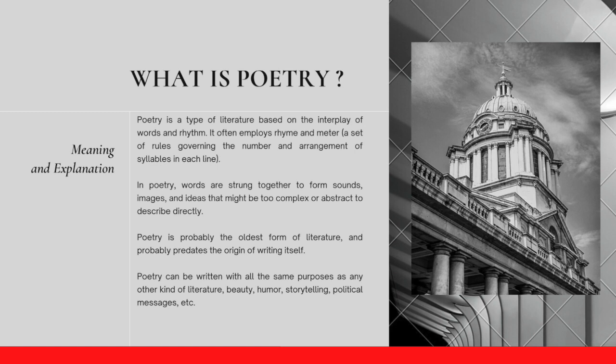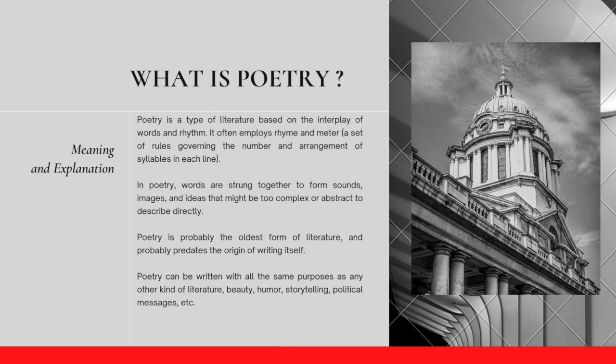Well, first of all, we would like to give you the meaning and the explanation of what poetry is. Poetry is a type of literature based on the interplay of words and rhythm. It often employs rhyme and meter, or a set of rules governing the number and arrangement of syllables in each line.